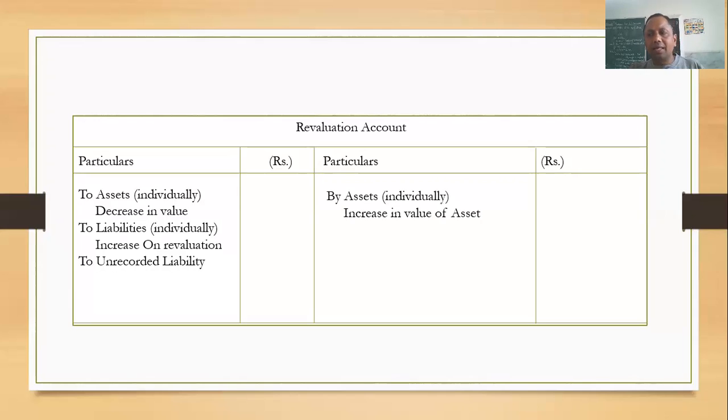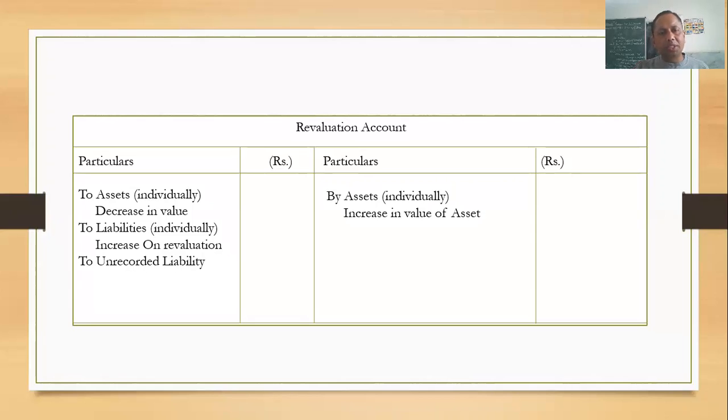And the next is the credit side. While the value of fixed assets increases, it is shown on the credit side of the revaluation account. For example, fixed assets are rupees 1 lakh in the balance sheet and in additional information, the value of the fixed asset is increased by 20%.